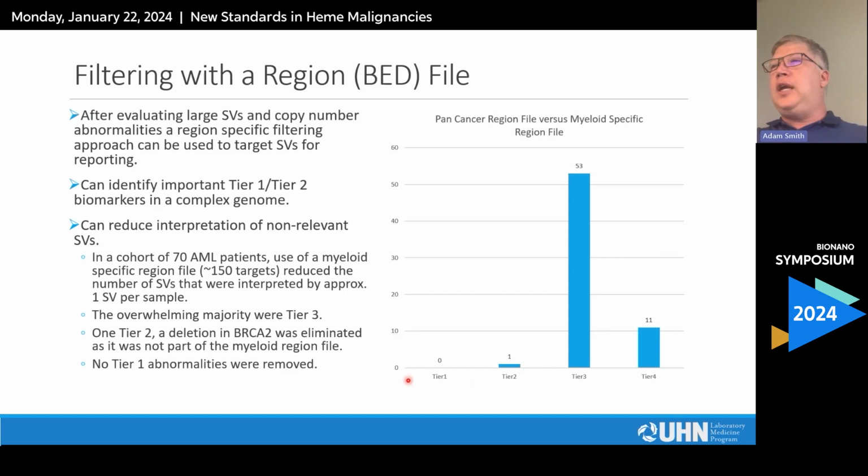So we're not really seeing any tier 1 or tier 2 abnormalities that are being eliminated as a result of going down only to the myeloid file.